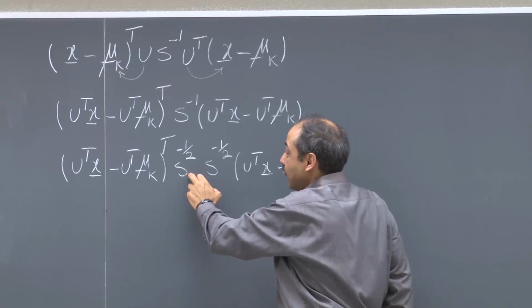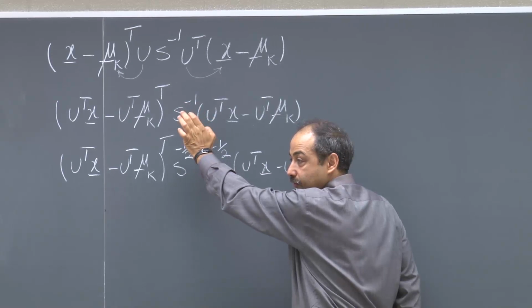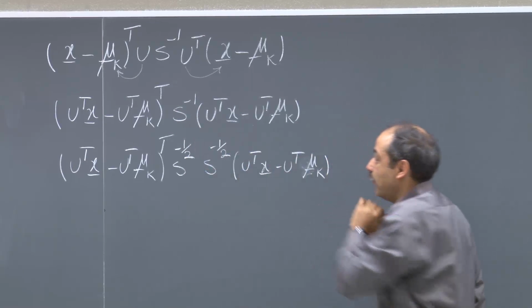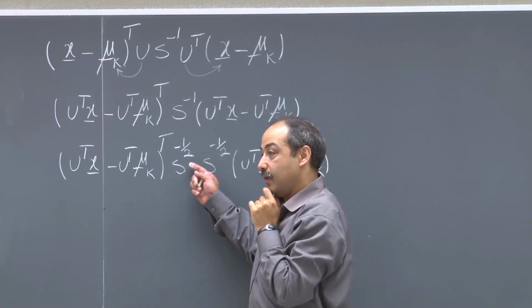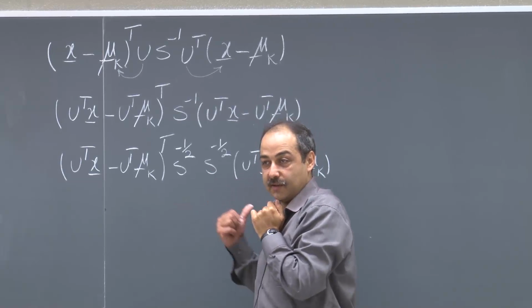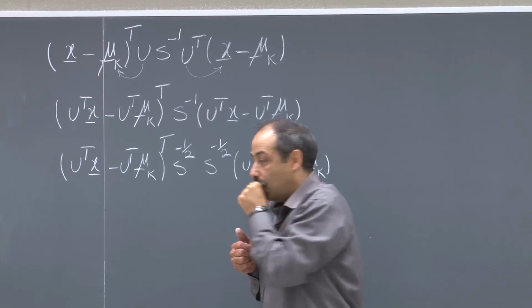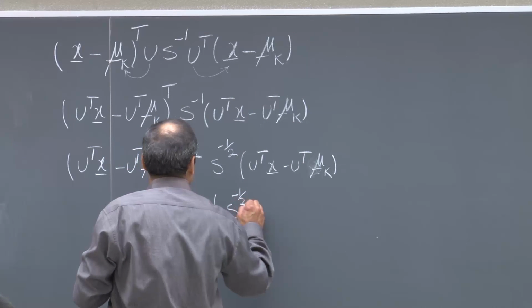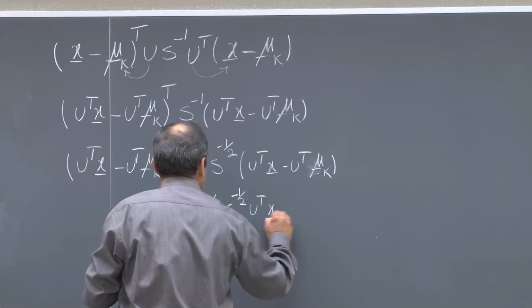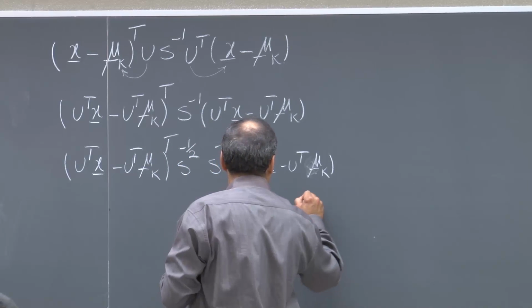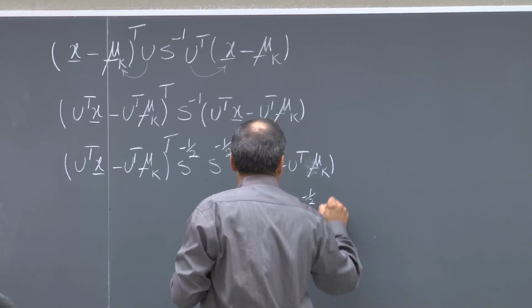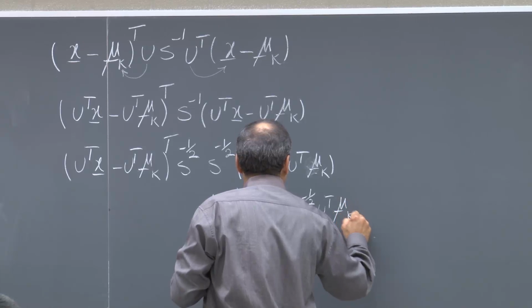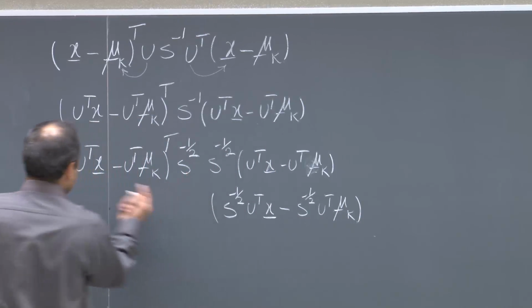So I have S to the power of negative half, S to the power of negative half. I will take this S to the power of negative half inside the bracket. So it's S to the power of negative half U transpose X minus S to the power of negative half U transpose mu K. I can do the same thing here.